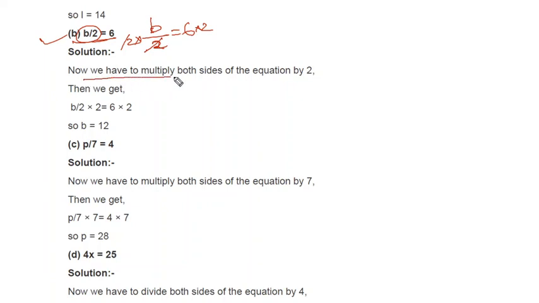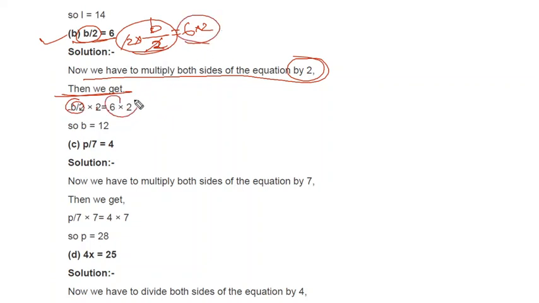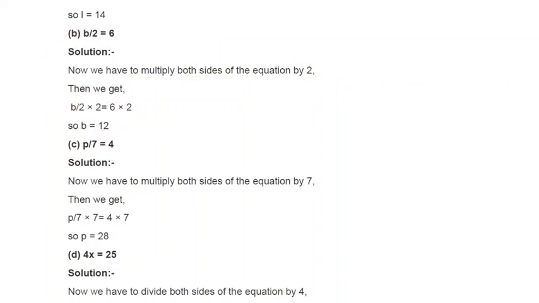So now we have to multiply both sides of the equation by 2. Then after multiplying we will get b by 2 into 2 equal to 6 into 2. Now in b by 2 into 2, the 2 will be cancelled, so b will be equal to 6 into 2, which is 12. So we got the answer.